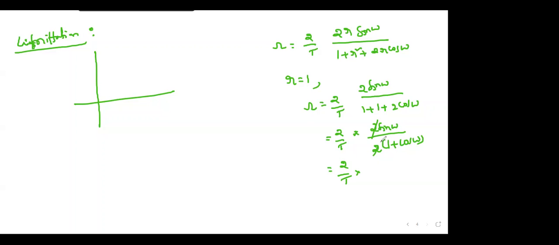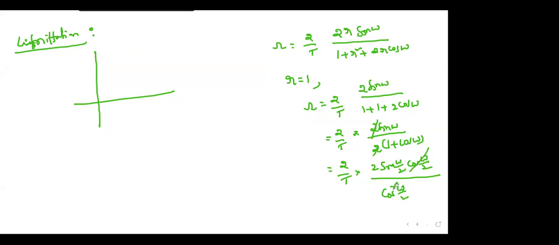This can be written as sine omega equals 2 sine omega by 2 cos omega by 2. Correct? Sine 2a formula, 2 sine a cos a. Similarly in the denominator, 1 plus cos omega is equal to 2 cos square omega by 2.